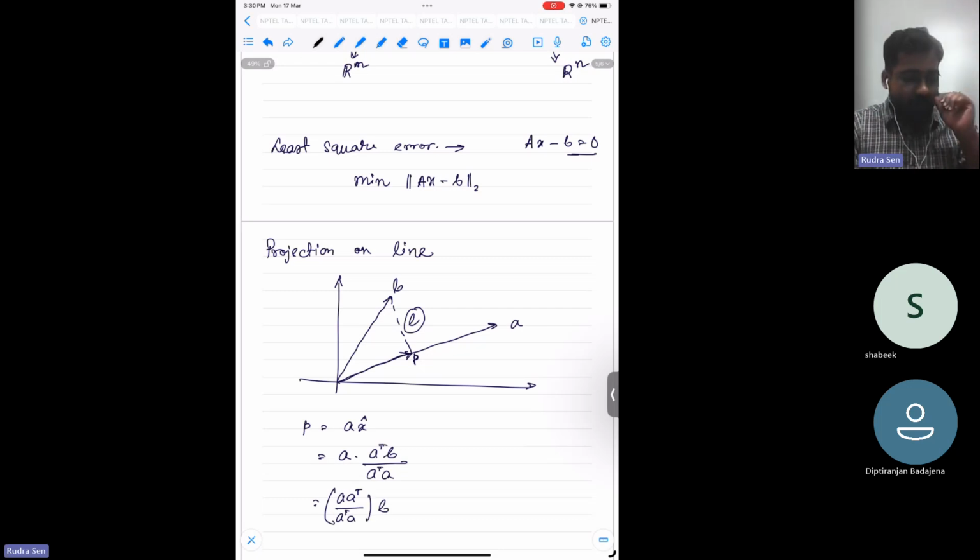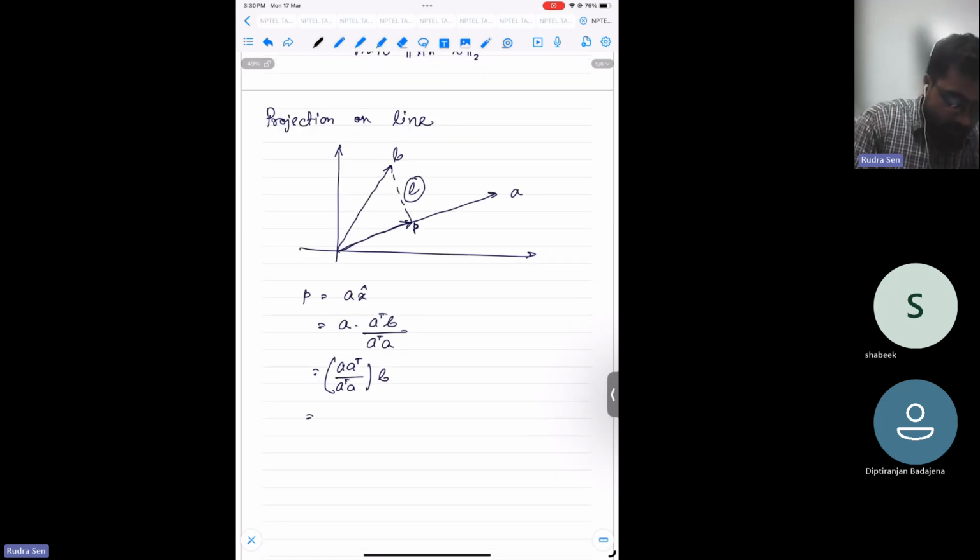If you go through that previous discussion, we have already studied that this is the projection on a line. Here, I'm just asking you one question.